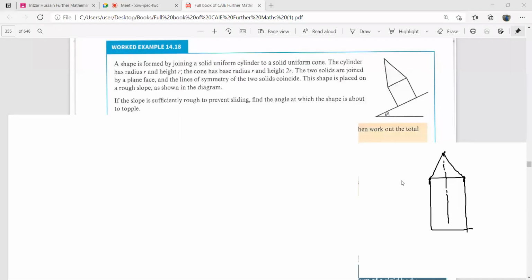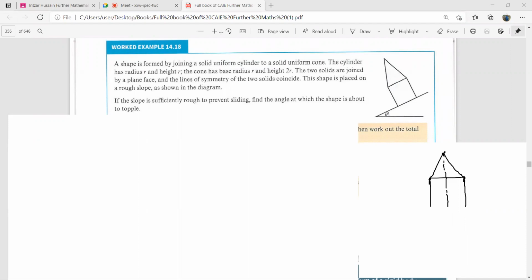A shape is formed by joining a solid uniform cylinder to a solid uniform cone. The cylinder has radius r and height r. I have drawn this a bit wrong, so I should cover this.